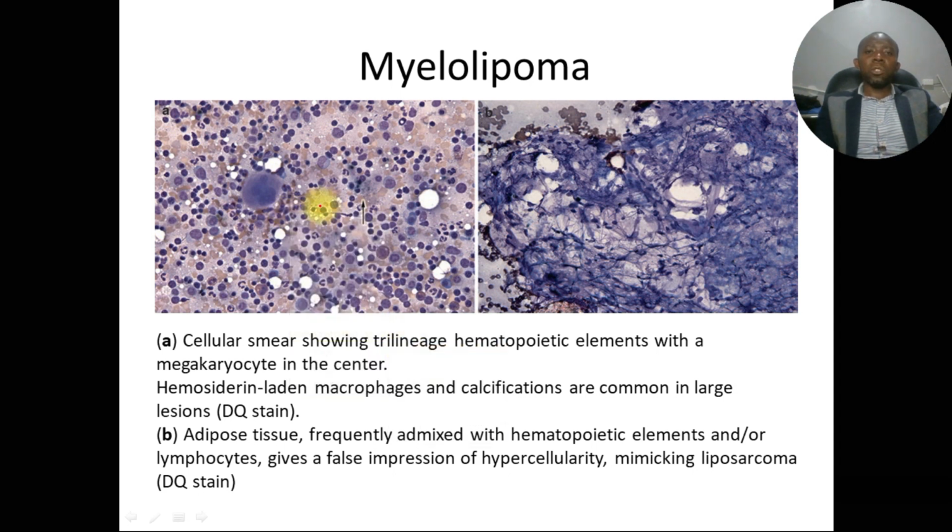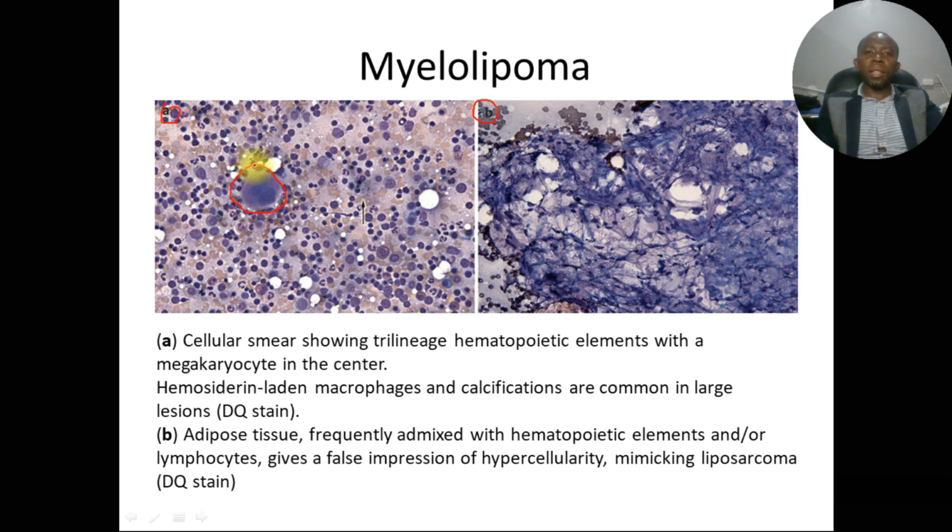So this is our left, and this is a slide labeled A. This is A here, and I've labeled the other slide B. So let's look at slide A. We have a cellular smear showing trilineage hematopoietic elements with a megakaryocyte in the center. When we look at the center, we can really see a megakaryocyte, and this is a key feature in diagnosis of myelolipomas.